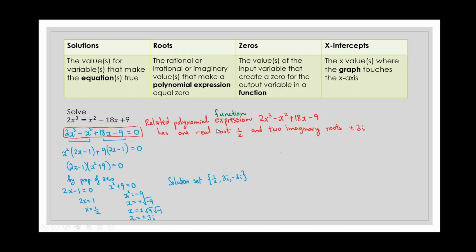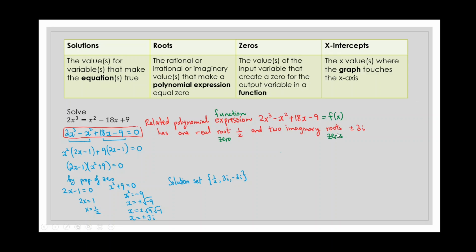If we wanted to say that this is a related polynomial function, then we would have to say that this expression is equal to some output variable that we could call f of x. Then in that scenario, we can call these roots actually zeros instead.